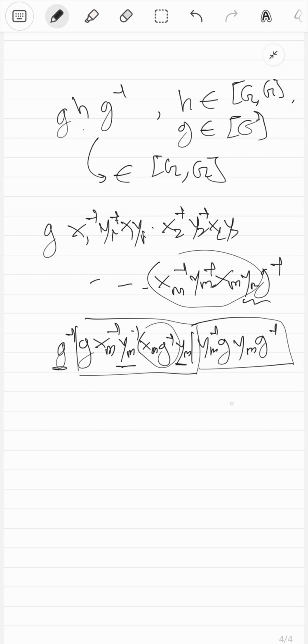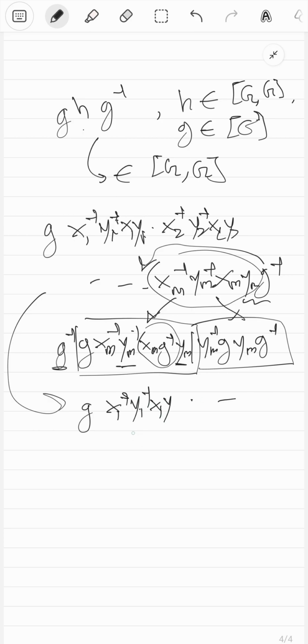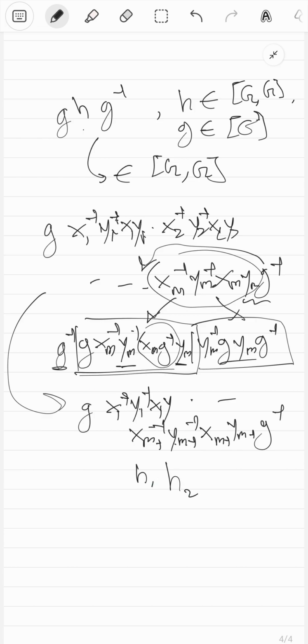So this commutator you basically broke down into two commutators, and then you shifted this g inverse over here. So you wrote this as g x1 inverse y1 inverse x1 y1 and some other stuff, then x_{m-1} inverse y_{m-1} inverse x_{m-1} y_{m-1}, and then g inverse and this stuff. Let's call this h1 and this h2, because these are commutators, so these are certainly elements in this subgroup, right?